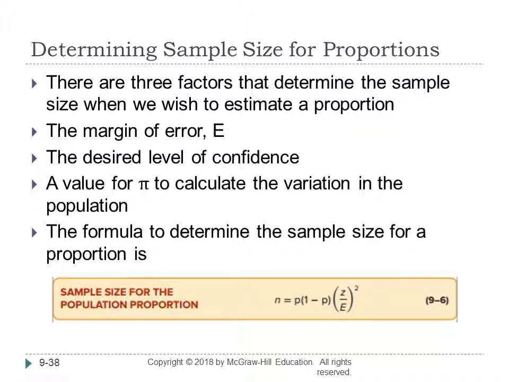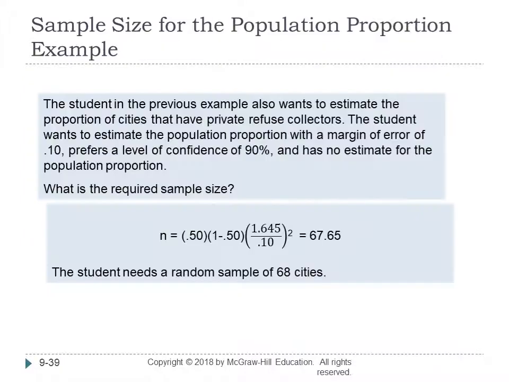We need a value for pi. Remember the probability of success, which is a proportion, of course. The formula to determine the sample size for a proportion is N equals P times 1 minus P times Z over E, squared. P here is a proportion, and E is the error, and Z depends on the confidence level.